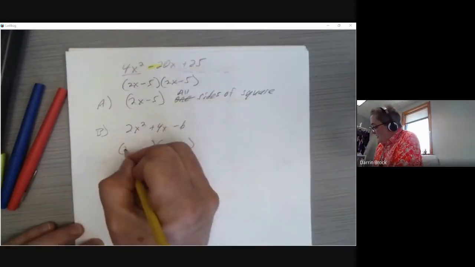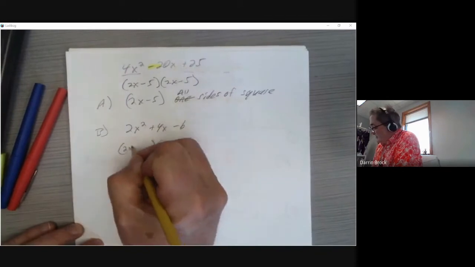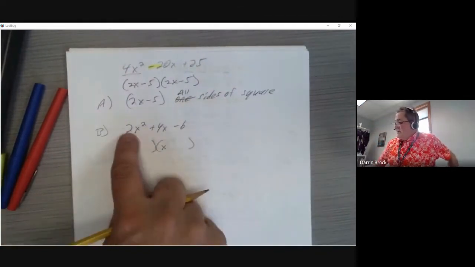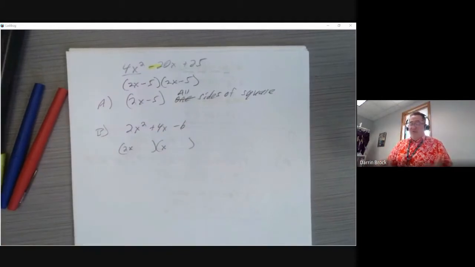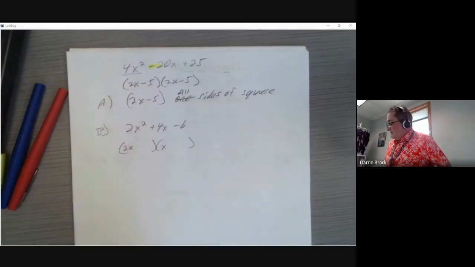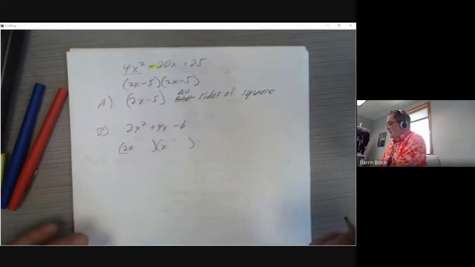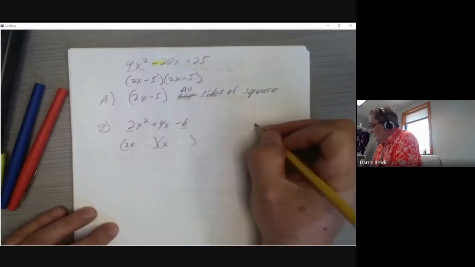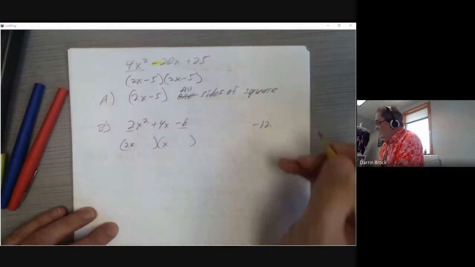So we know it's going to be a 2x and an x. All right, that we know, 2x and an x, because that's what it's going to take to equal 2x squared. There's no other options. Now we need to figure out what these other terms are. So to do that, we are going to take the coefficient of the first and the last one. 2 times negative 6 is negative 12.